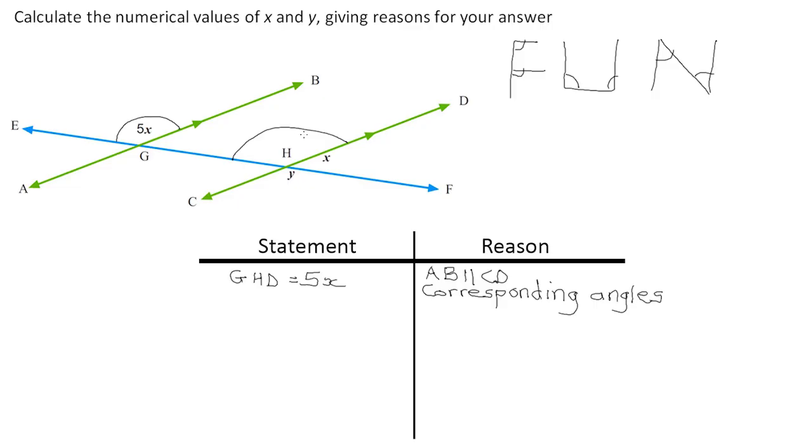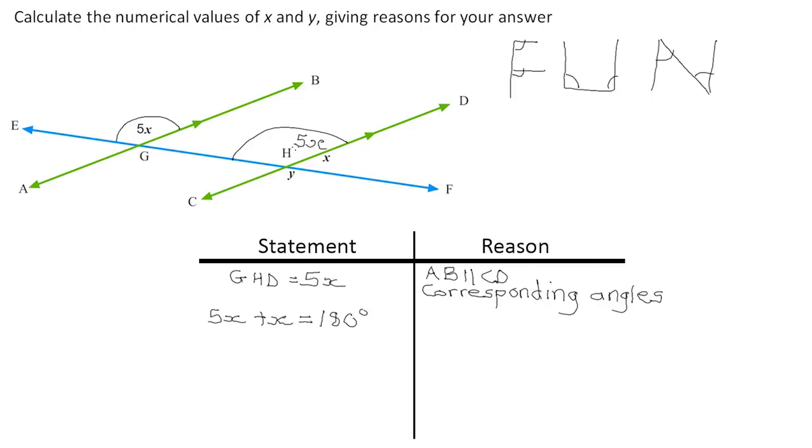That means we can then put 5x there. Now, if you look at the 5x and the x, and we look at line EF, then you will agree that 5x plus x is equal to 180 degrees.